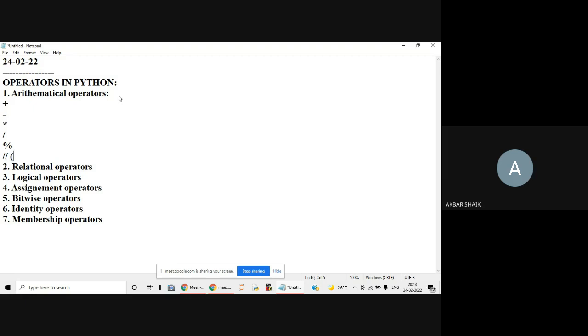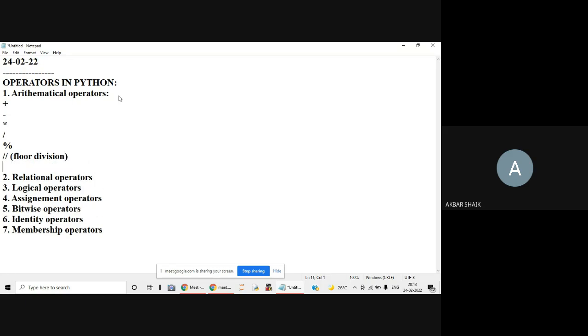Next we have double star, which is nothing but exponential. These all are arithmetical operators.